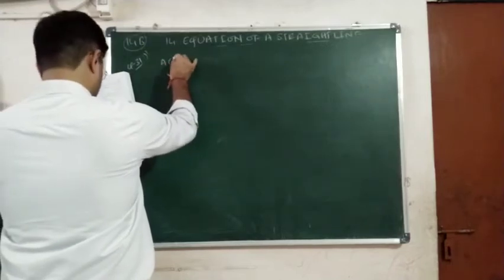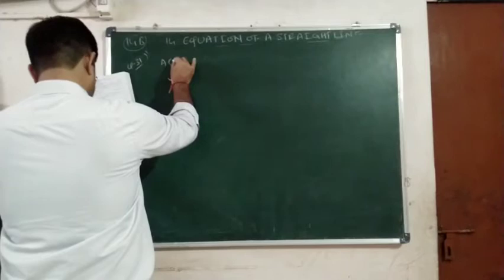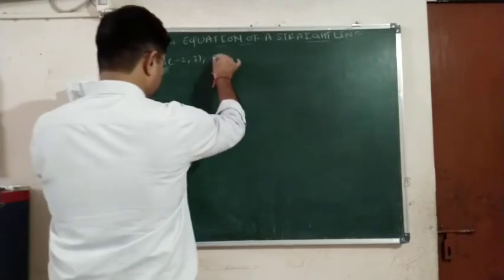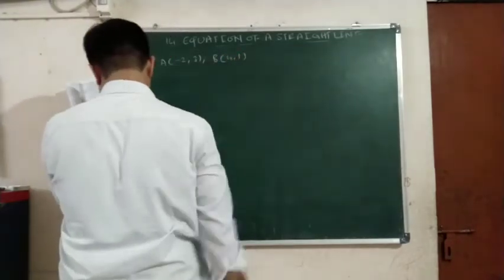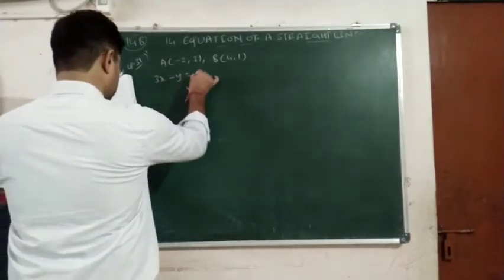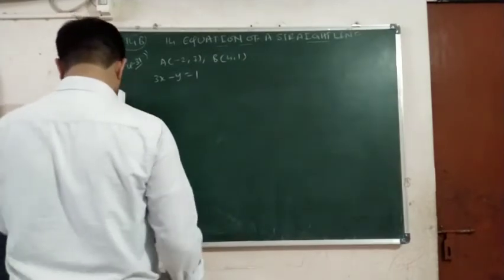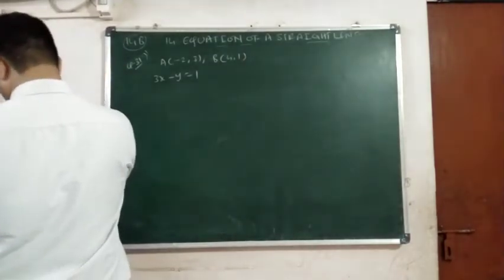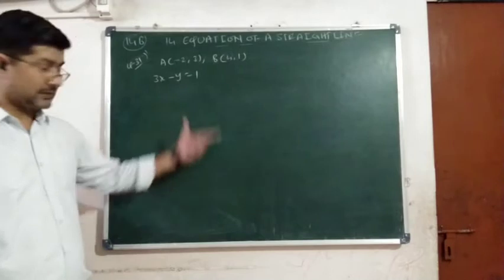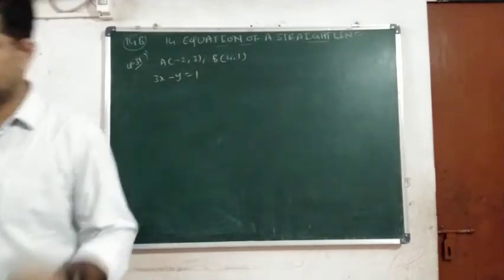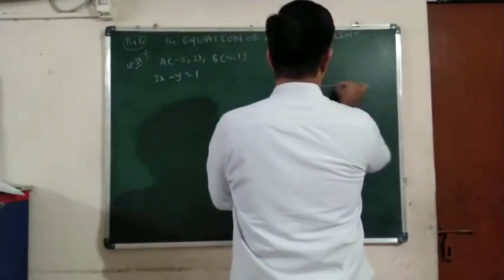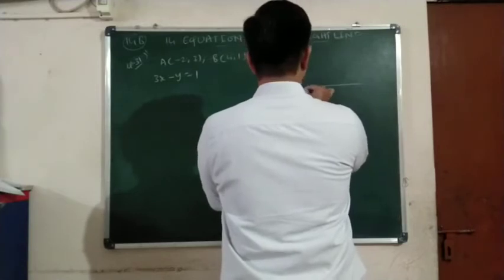Two points are given: point A with coordinates (-2, 3) and point B with coordinates (4, 1), and the equation of a line is given as 3x minus y is equal to 1. The line passing through A and B we can refer to as line AB. So the line joining the two points A and B will be named line AB.